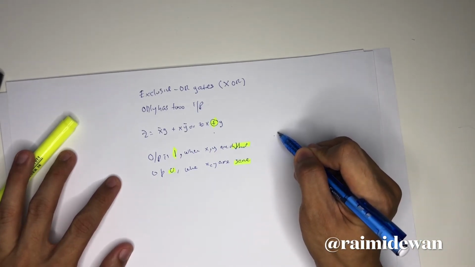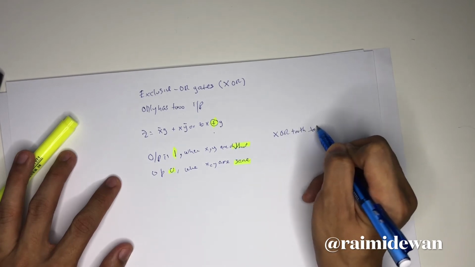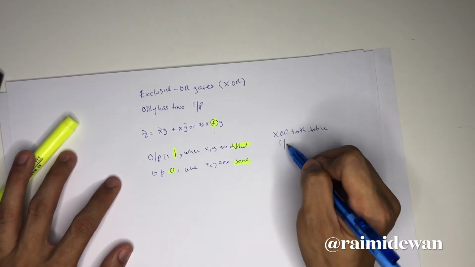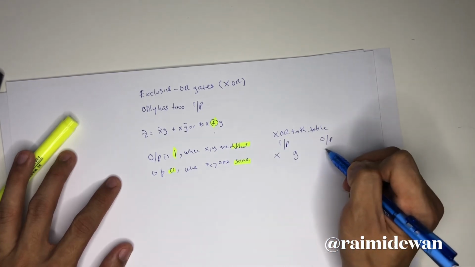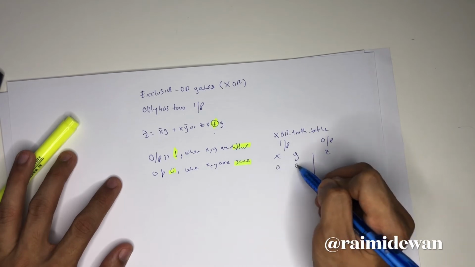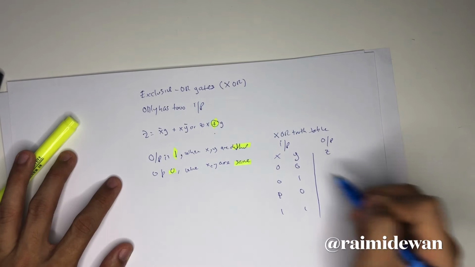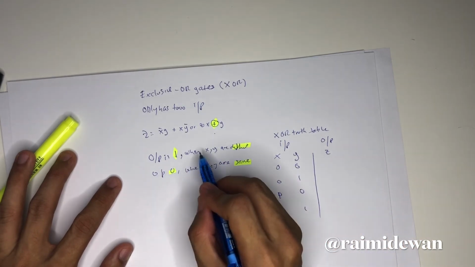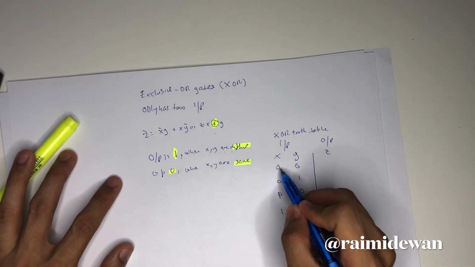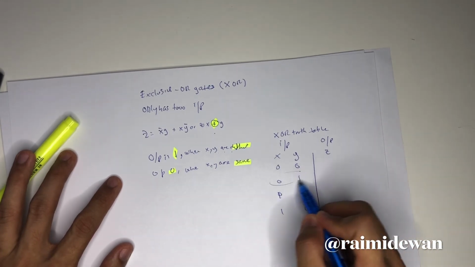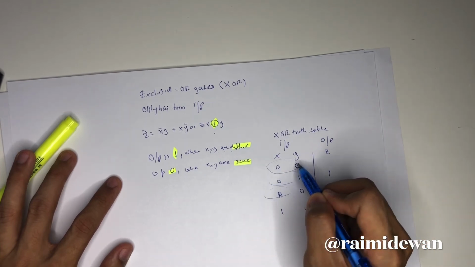For the truth table, you have your input X, your Y, then your output Z. These are the combinations of possible inputs. You see output is 1 when X and Y are different. So which ones are different? This one and this one. So you have 1 and 1. The same will result in 0.